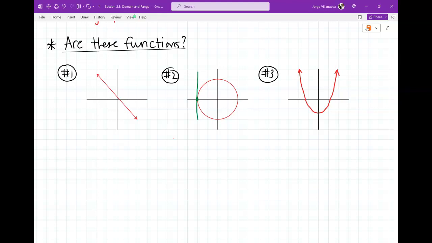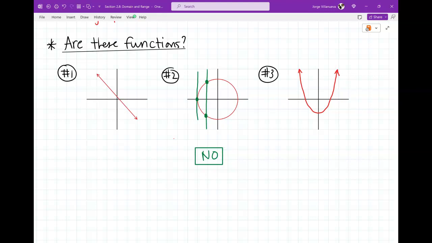But now let me draw another one. Notice that one touches at 2 points. And according to the definition, if it touches 2 or more, it's not a function. So I'm going to put no.